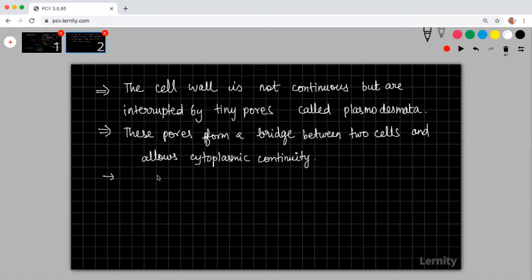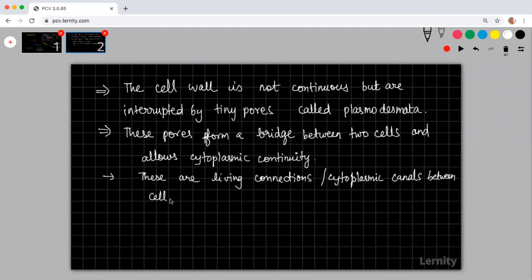These are living connections or cytoplasmic canals between plant cells.